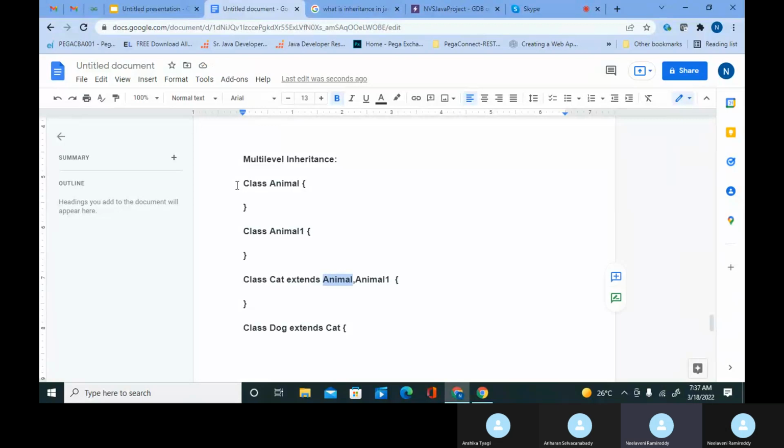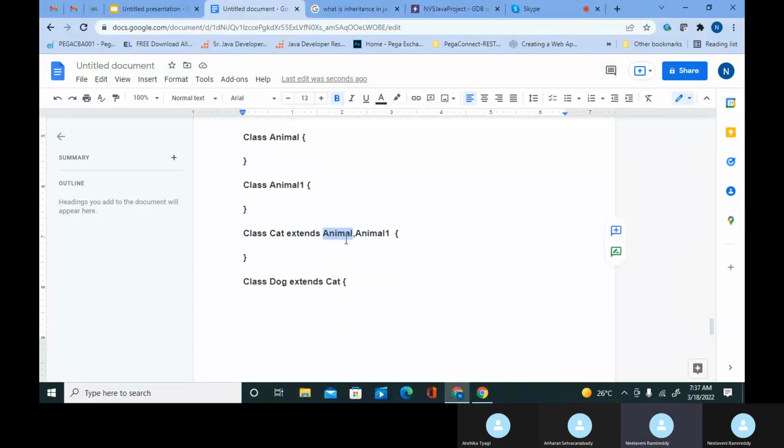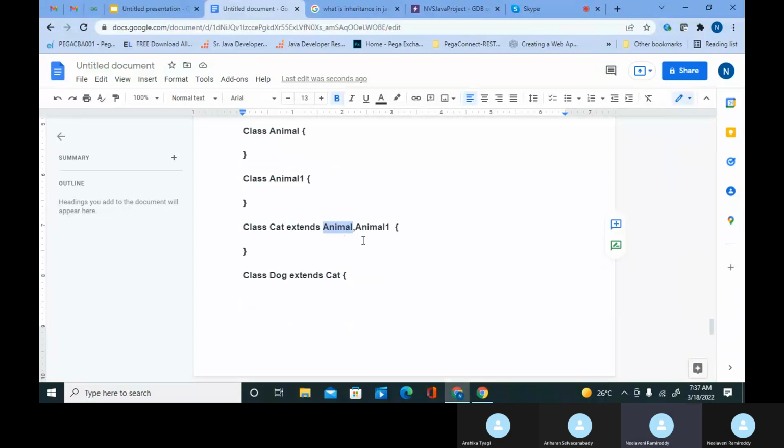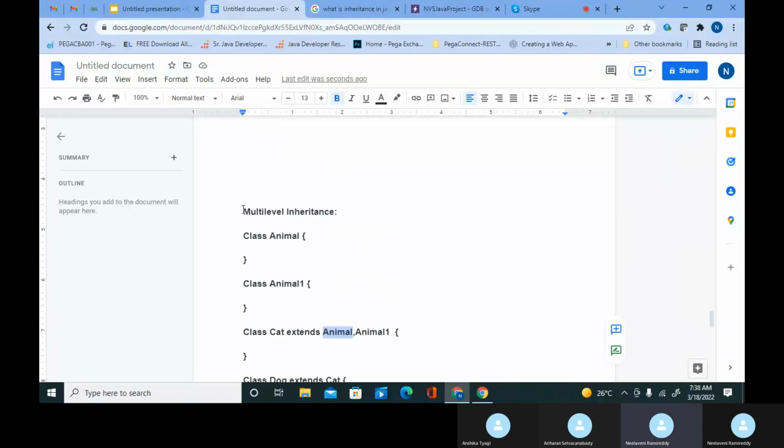Multi-level means level by level I extend my classes. But if I want multiple inheritance, extending multiple classes in one shot, in Java we don't have multiple inheritance. But multi-level inheritance is possible.